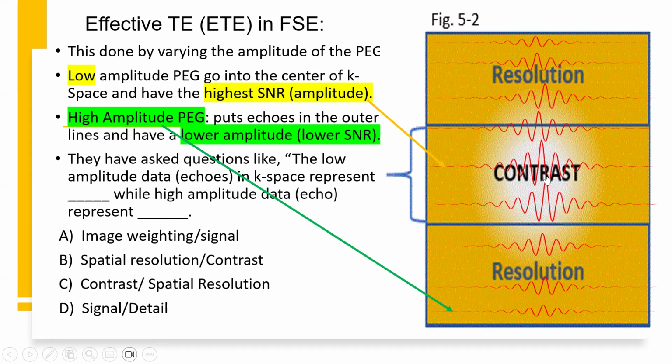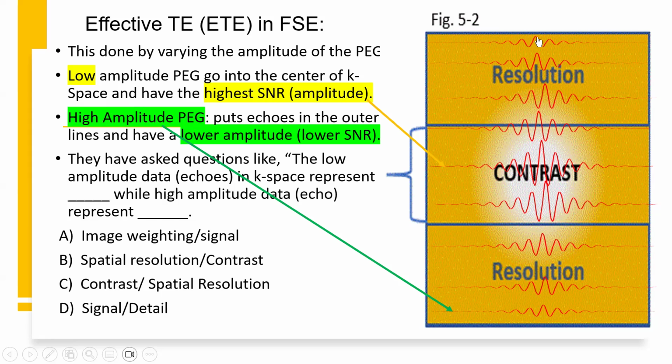Low amplitude gradient equals a high amplitude echo. So far, so good? Then look at the amplitude of this one echo right here compared to either one of these in the middle. This is a low amplitude echo, and it's in the outer edges because we applied a strong or a high amplitude phase encoding gradient.